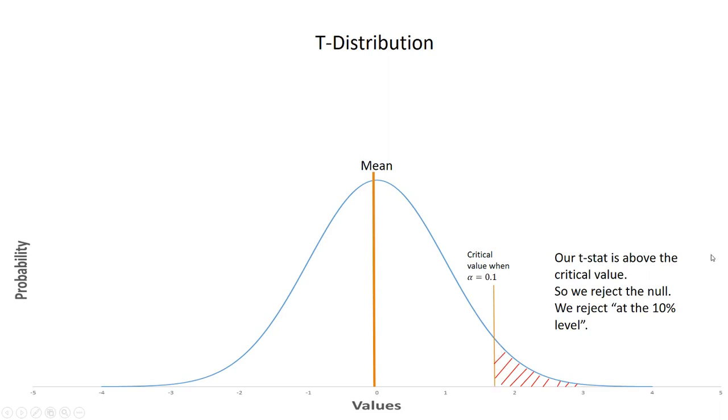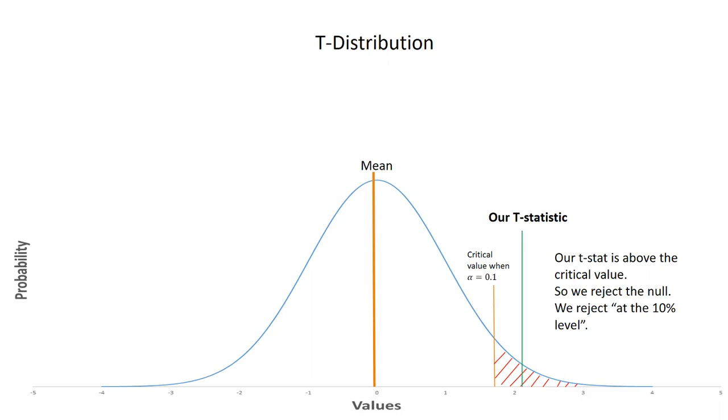When we calculate our t-statistic, we're going to get a particular value, and we see where it lies. If our t-statistic lies in this region, then we will reject the null hypothesis, and we will reject it at the 10% level. It lies within that space above the critical value when alpha equals 0.1.